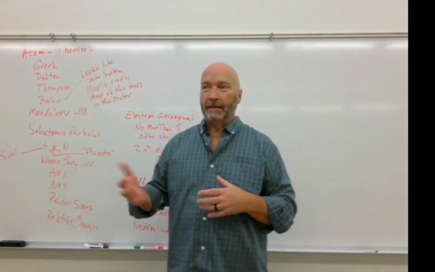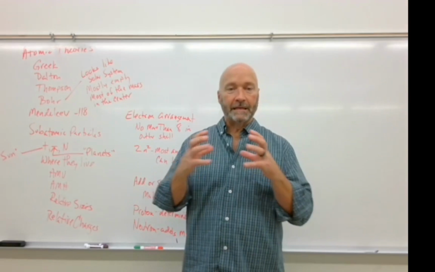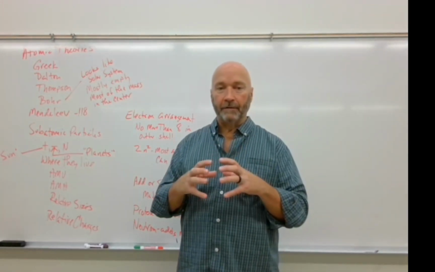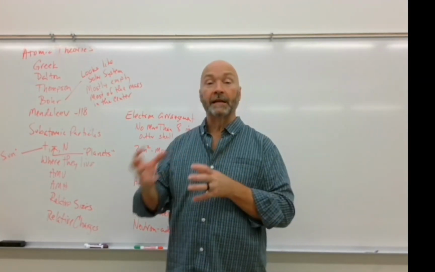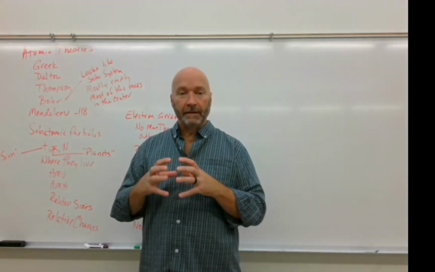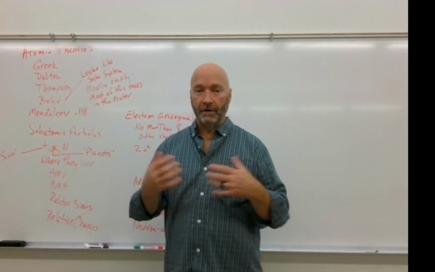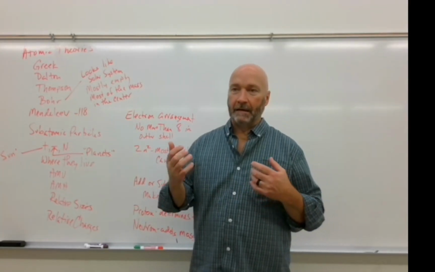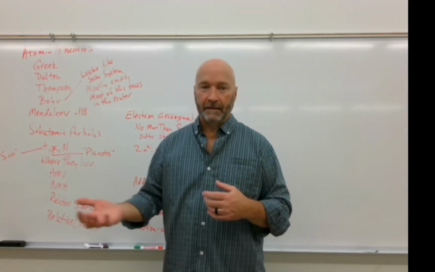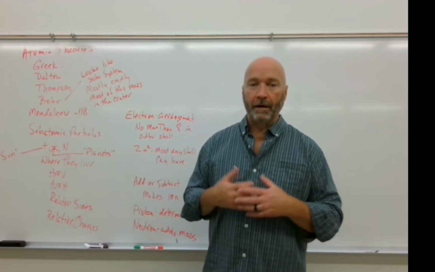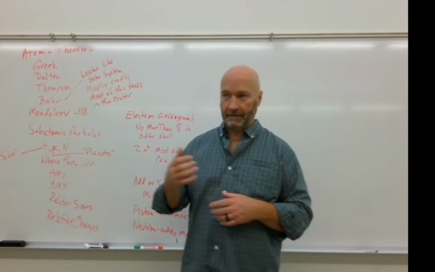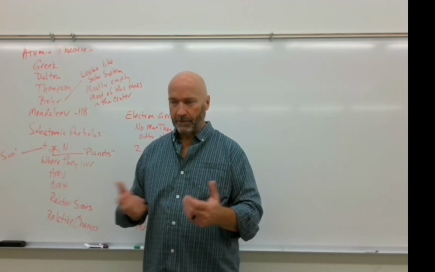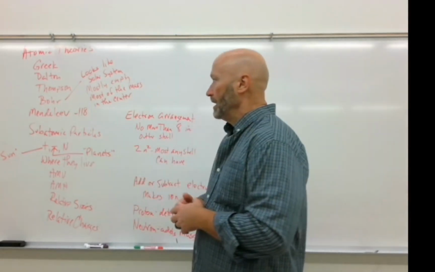So in the Niels Bohr model, the sun would be representative of the nucleus, and the planets would be the electrons that go around the outside. There are some differences in our understanding of the atomic structure of the Niels Bohr model of the atom and a solar system, and we'll talk about those differences here in a bit.